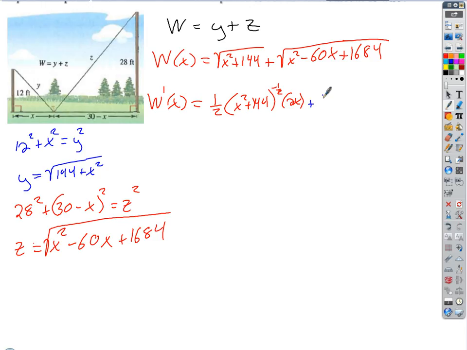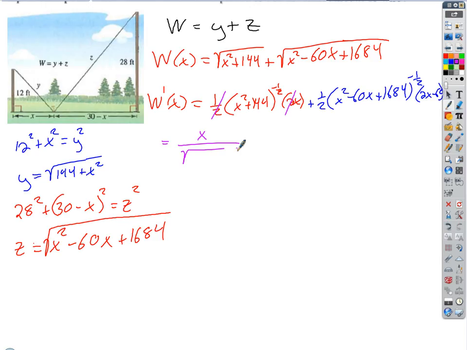Plus, how about this one? Negative 1/2, and then x squared minus 60x plus 1684 to the negative 1/2, times 2x minus 60. Now we can combine those. The 1/2 and the 2 cancel.